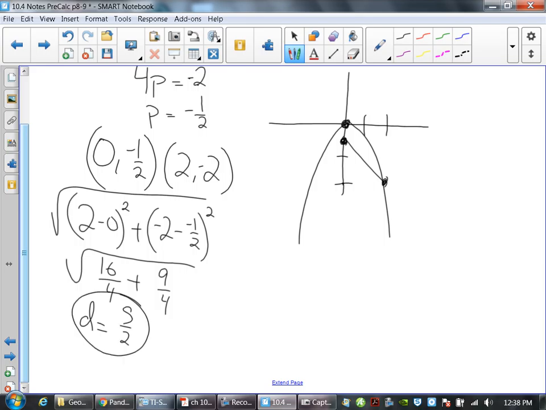Okay. So I'm starting at -1/2, and I'm going to add 5/2 to it, which means I'm going to go up to what? Two. -1/2 plus 5/2 is 4/2, otherwise known as 2.